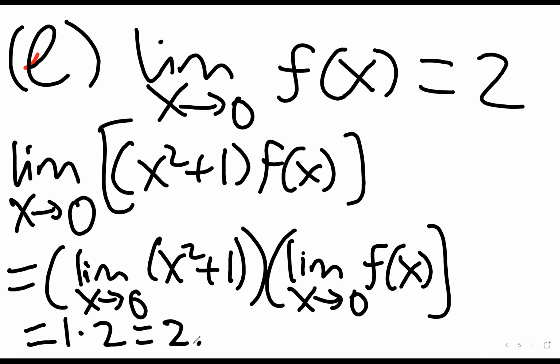Okay, so now let us consider part E. Actually, the second part is not complete, because we should assume continuity. The question is not complete in the sense that we need another piece of information, namely the continuity of the function f itself.